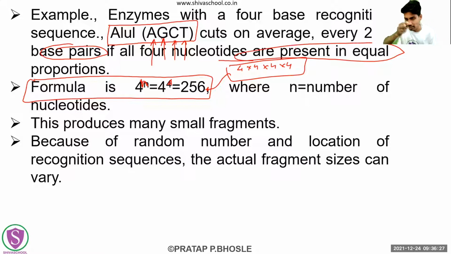These cuts in the DNA will be at how many base pairs? They will be at 256 base pairs, right? So that number of smaller fragments can be formed, of 256 base pairs. So this produces many small fragments.